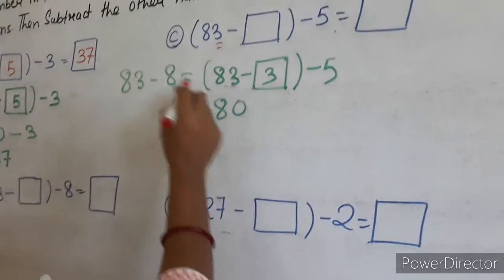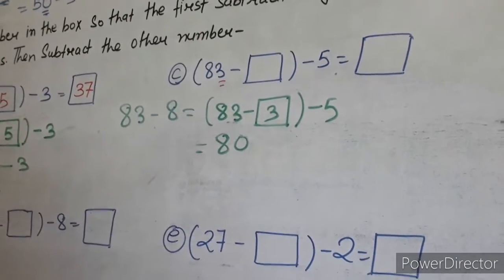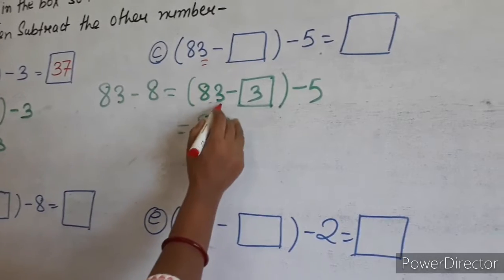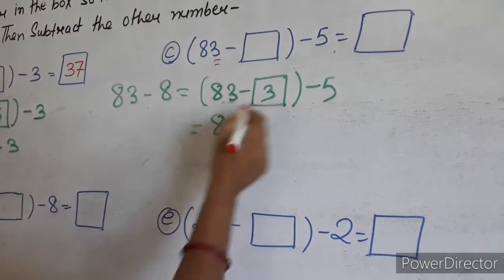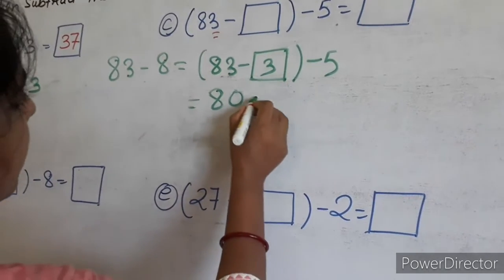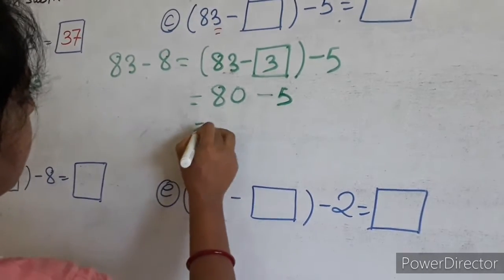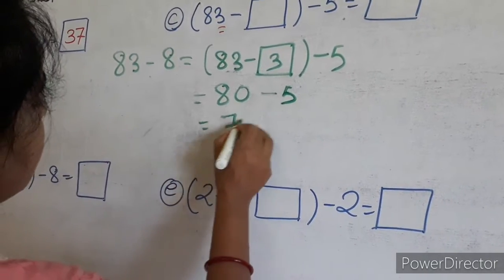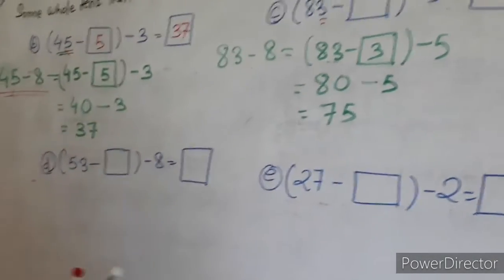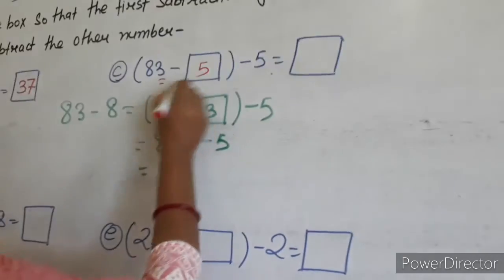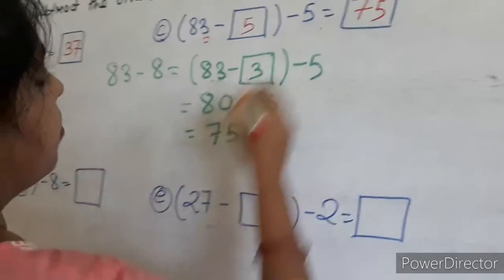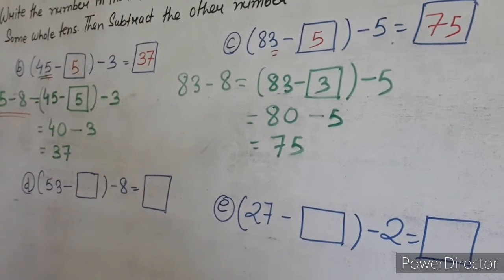For the nearest 10, we subtract the unit digit, the same number. So 83 minus 3 is 80, then minus 5, and our answer is 75. You can write here 5, then the answer 75.